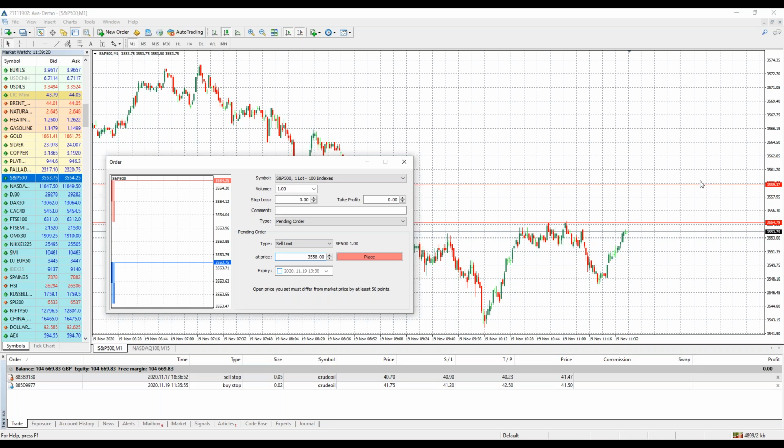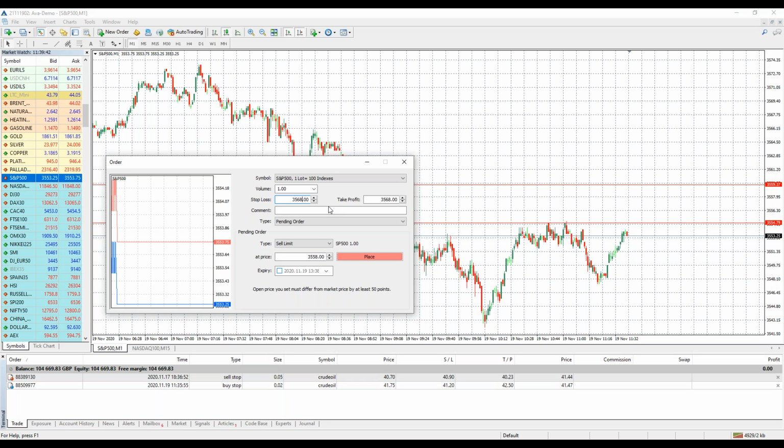I'll have my stop loss above that resistance at 35.68, 10 full points up, 35.68 to the stop loss from 35.58 entry point, or I'm sorry, stop loss is over here, 35.68.